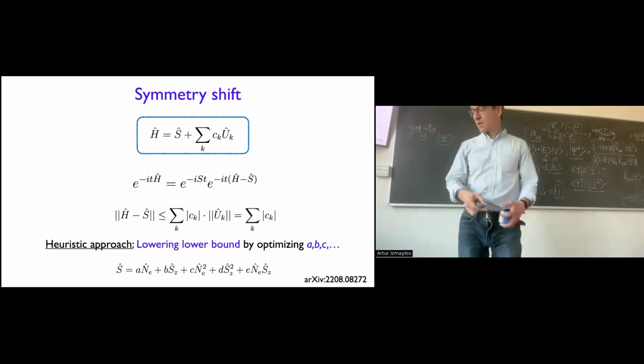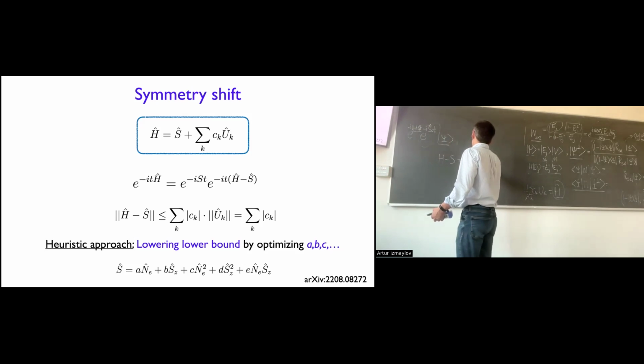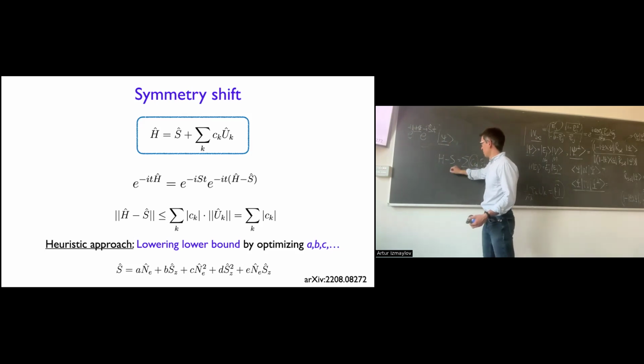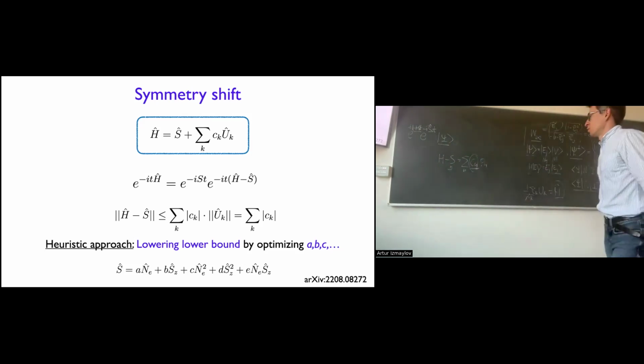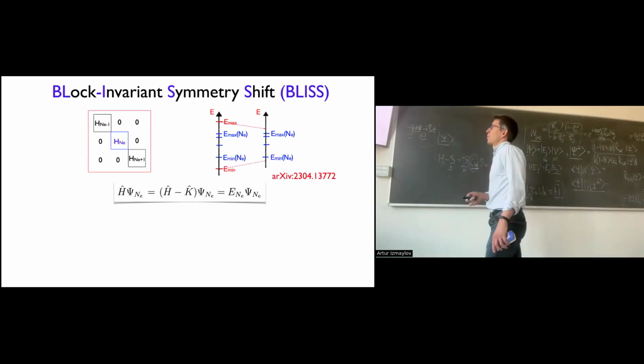We could use symmetry values like number operator, S_Z and their polynomials, optimizing A, B, C, D to reduce the one norm of H minus S. What we usually do is look at the H minus S in terms of Pauli products, and this is the simplest LCU where you could minimize the one norm, optimizing the parameters in S. Okay, and that way reduce what you need to encode in terms of LCU. That was the first proposal.